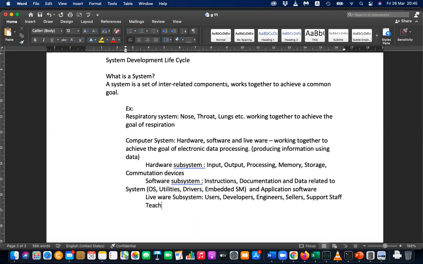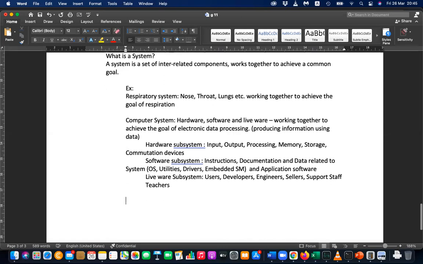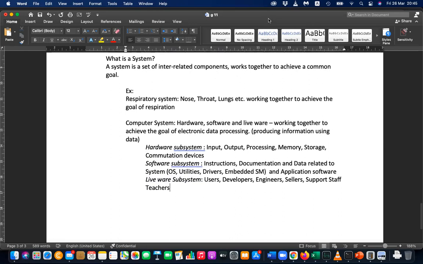Right, you can write all this information under the computer system. A computer system can be further divided into three subsystems: the hardware subsystem, the software subsystem, and the liveware subsystem. Those are the subsystems available in the computer system as a whole. So now you know the full story of a system.